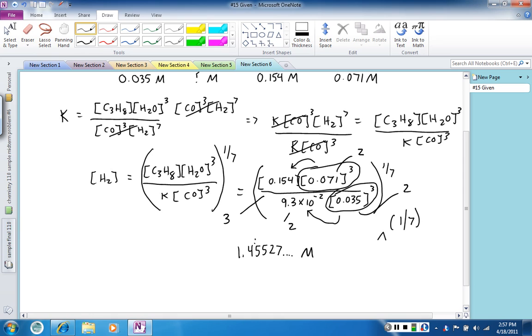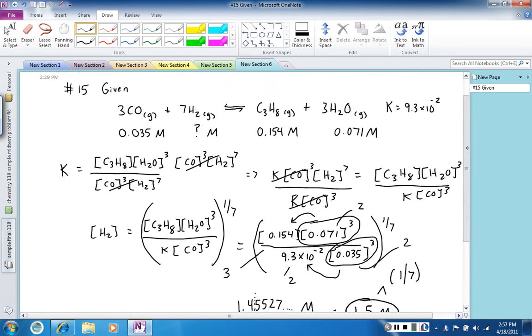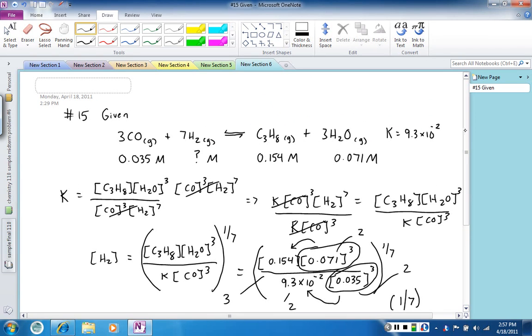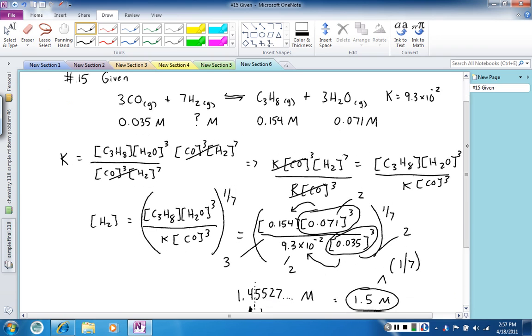So our sig fig line is going to be here. We're going to round it up. So concentration 1.5 molar. These questions are not too bad, but you've got to be careful on them. This is number 15 on the sample final.